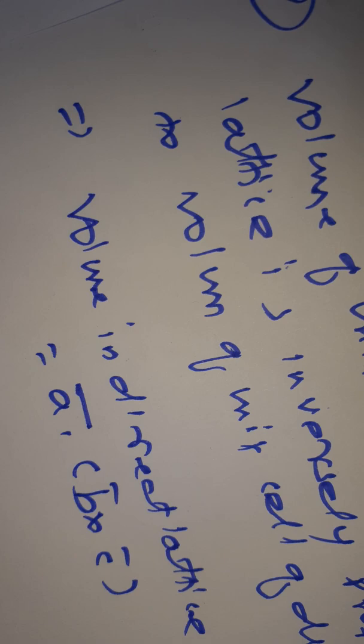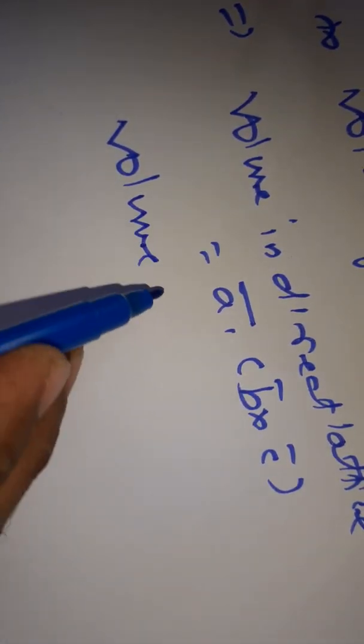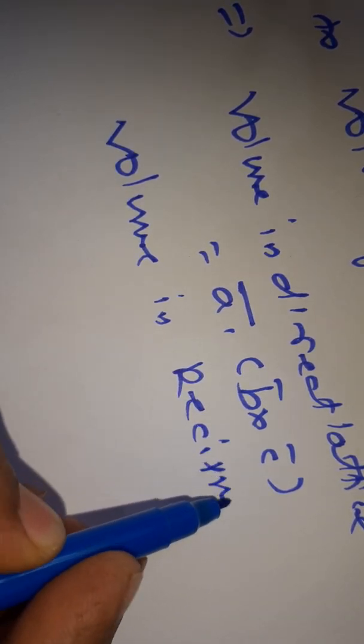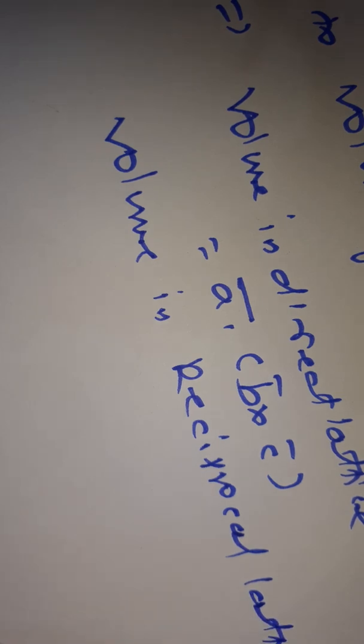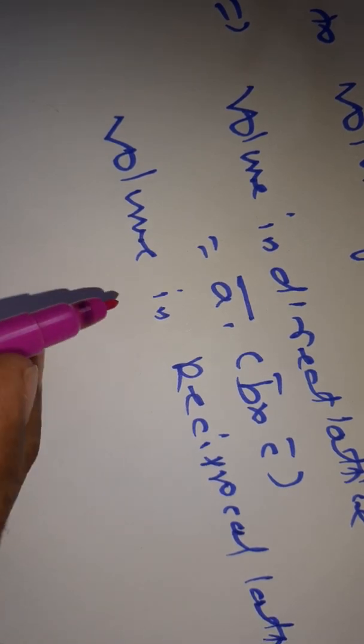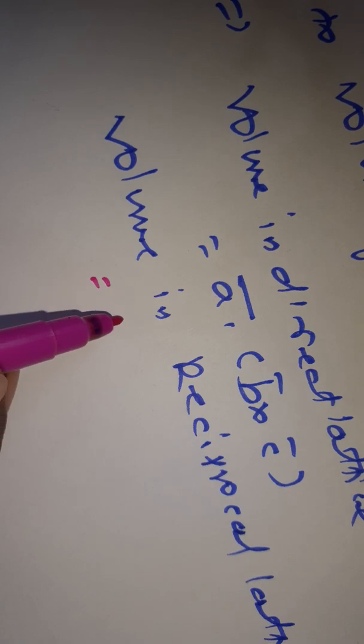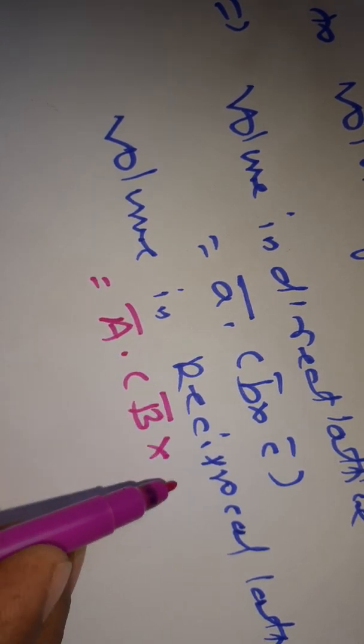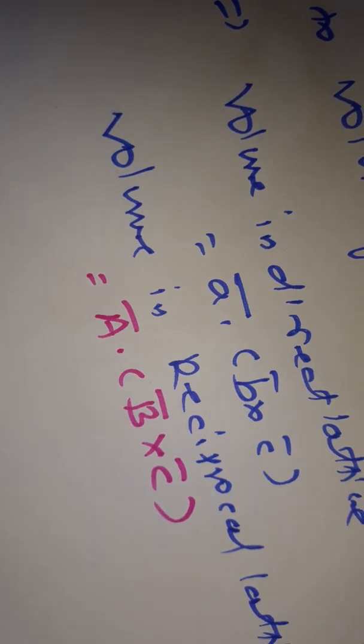If we consider the volume of the unit cell in a reciprocal lattice, we got A bar dot B bar cross C bar.